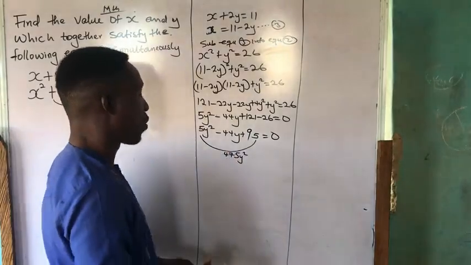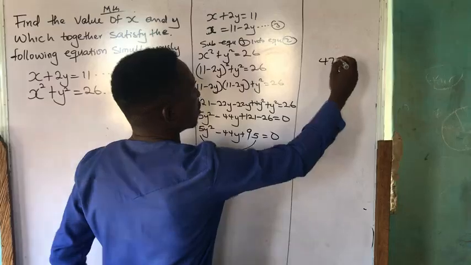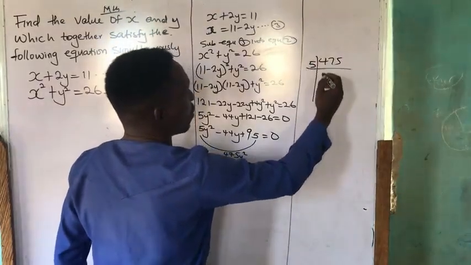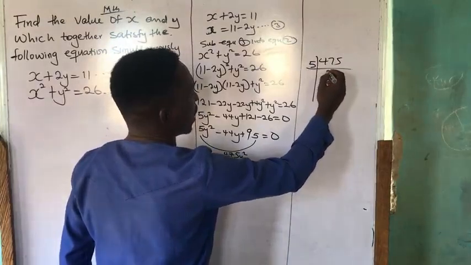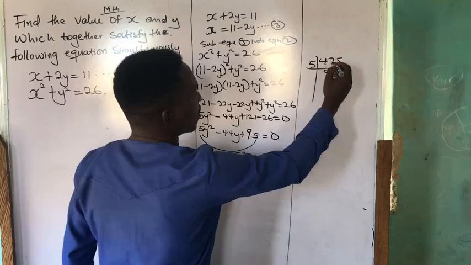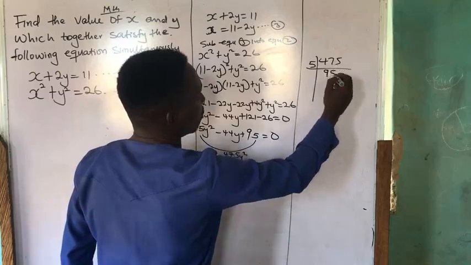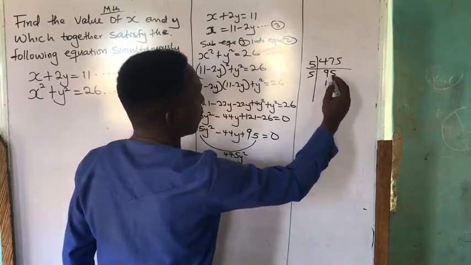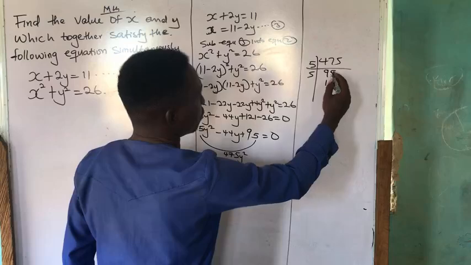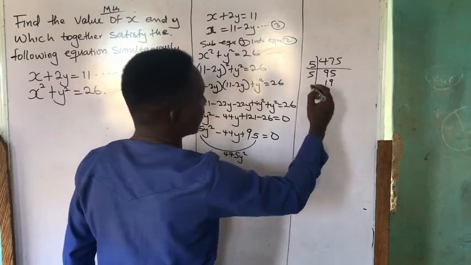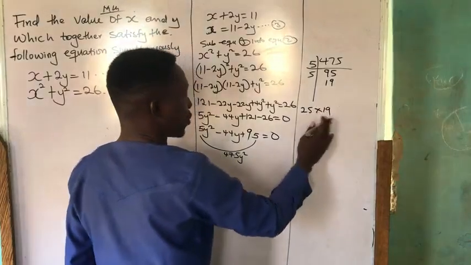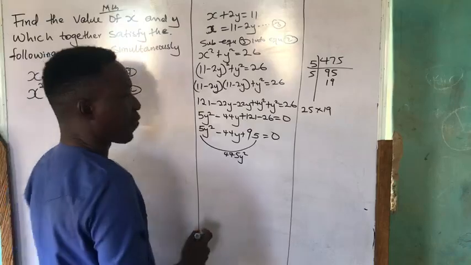So let's check out how we're going to solve this. 475, I'm going to try and divide. Since this ends in 5, 5 can go. 5 in 47 is 9, 45, remainder 2. 5 in 25 is 5. 5 in 95 is 19. So this is 25 times 19. 25 plus 19 will give me 44.